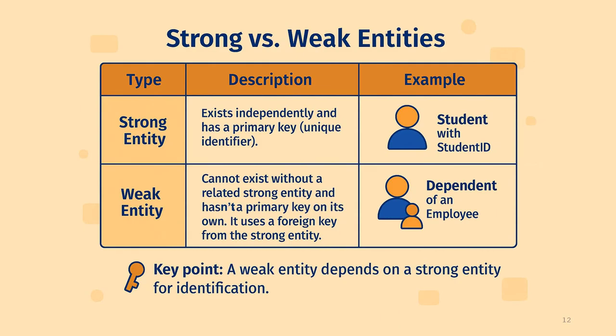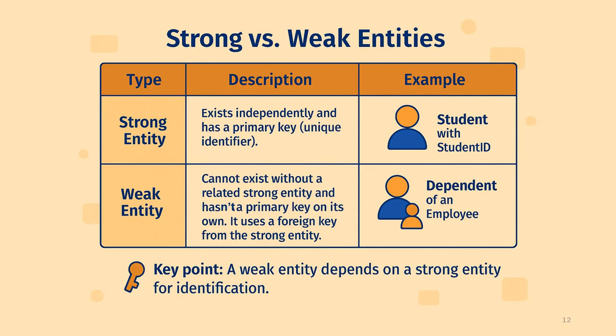For example, the dependent needs the employee. For example, on the system of an organization, the employee page sometimes contains the children of this employee. So the children can be weak entities.